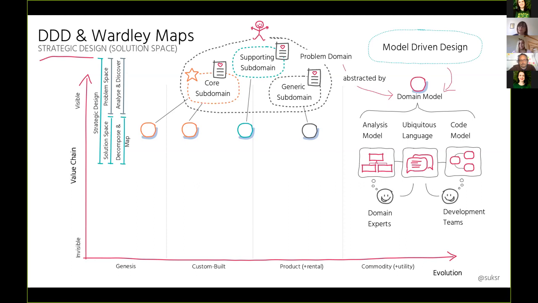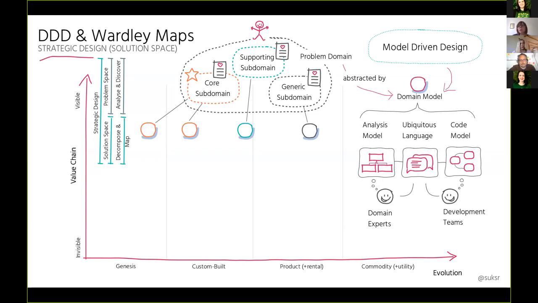And the domain model itself comes in different shapes. For example, in the beginning it comes as an analysis model, for example a UML diagram or product sketches that are the result of the collaboration between the domain experts and the development teams.